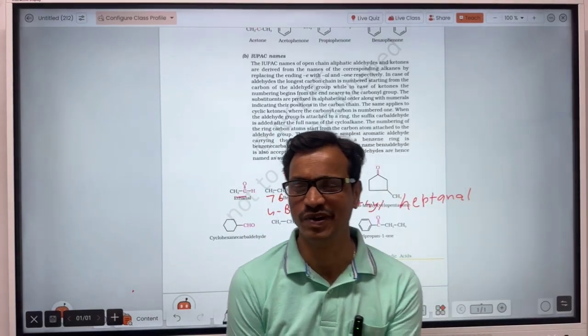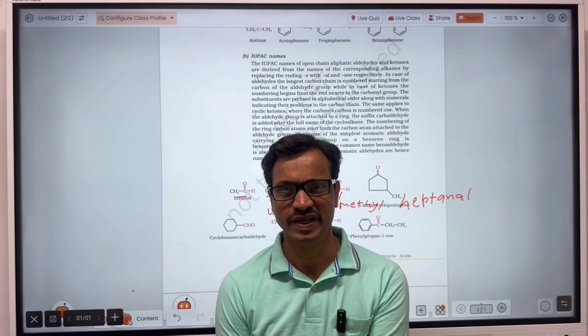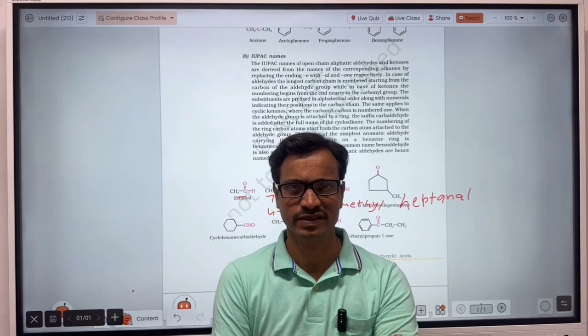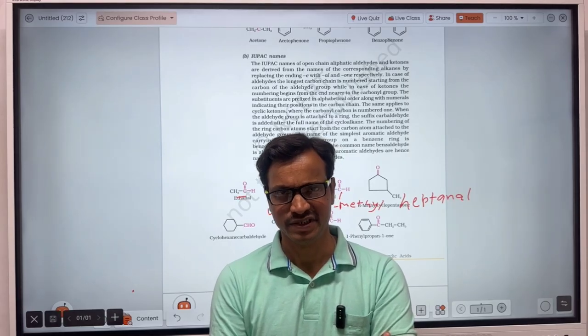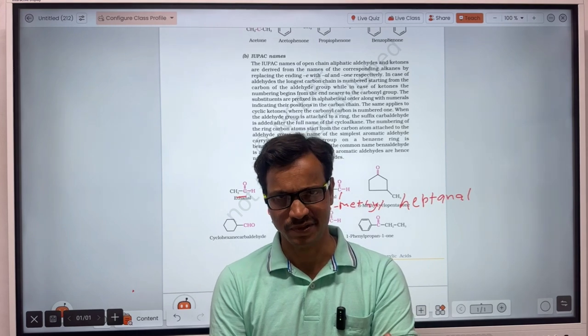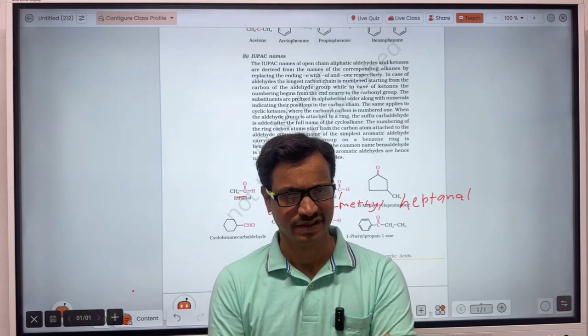Guys, here there is no need to write 1-al, because whenever aldehyde is the main functional group, that is, the most senior functional group, the name of the compound will be based on the functional group aldehyde.